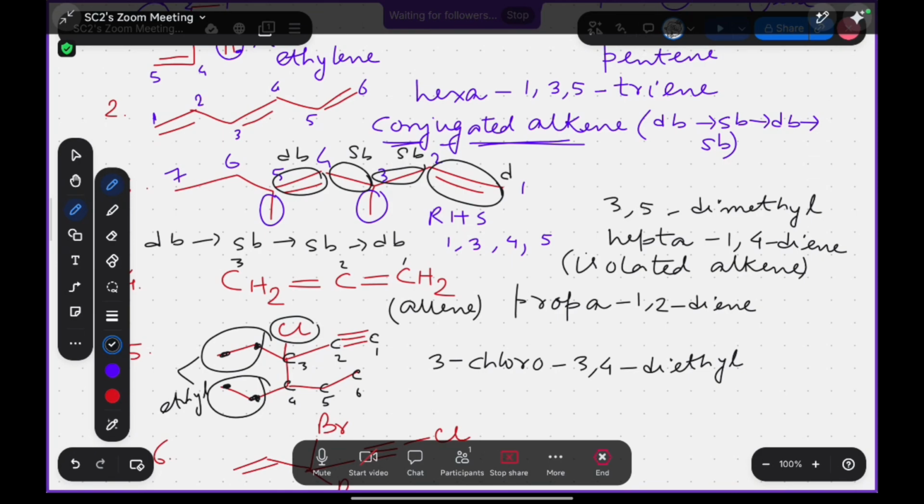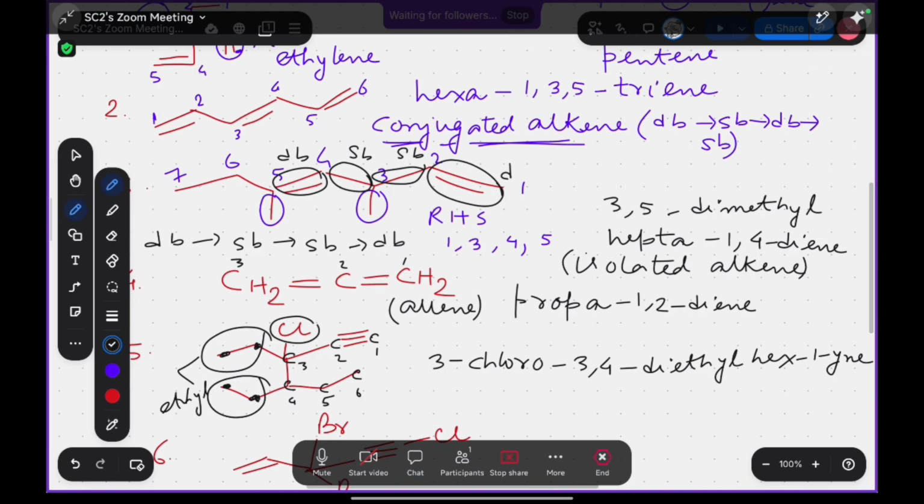Why did I write chloro first? Because C comes first. Then it is hex, not hexa, because only one triple bond is there. So hex-1-yne. It is 3-chloro-3,4-diethylhex-1-yne.